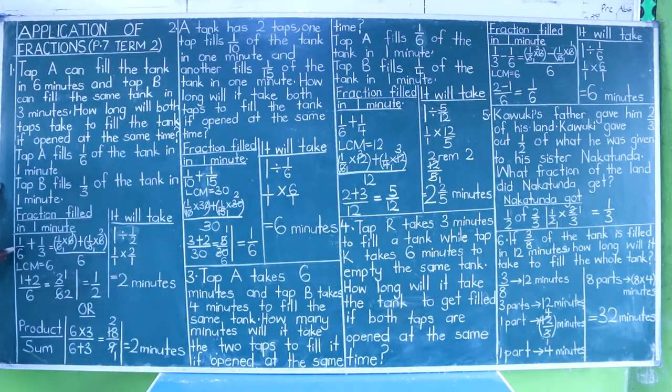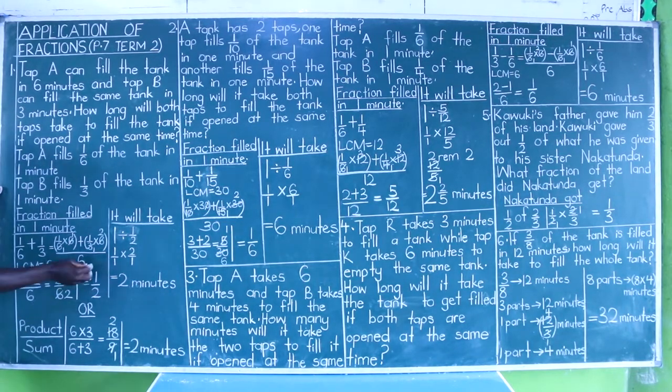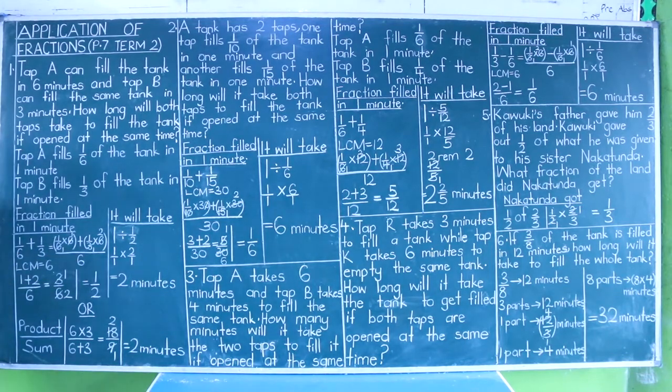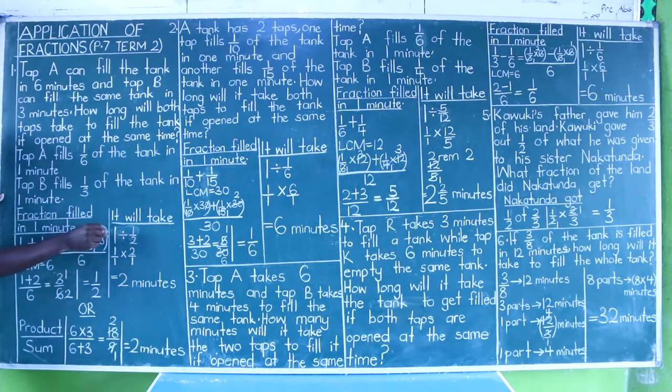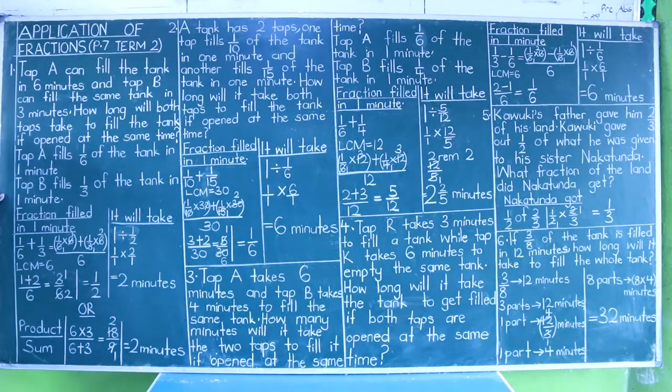That's why we say a sixth plus a third, where the LCM of the denominators 6 and 3 remains 6. Multiply each of the 2 by the same LCM, as 6 times a sixth, put in brackets, plus a third times 6, like we did in addition of fractions.